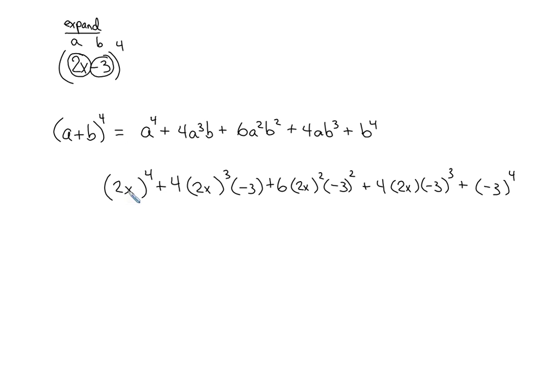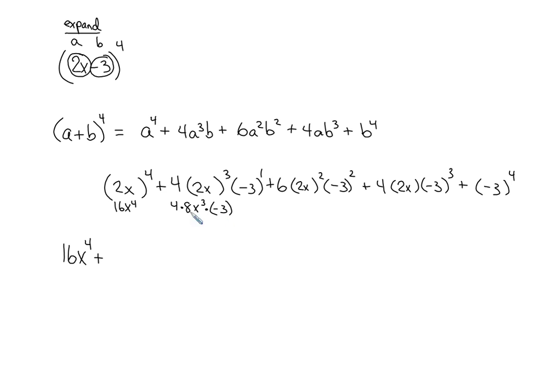So, when you do 2x to the fourth, what is 2 to the fourth power? 16. And x to the fourth power is x to the fourth. So that is just 16x to the fourth power. Now watch how I'm doing this, guys, because this will make your life easy. Notice now I have a 4. What is 2 to the third power? 8, and x cubed is just x cubed, times, what is negative 3 to the first power?